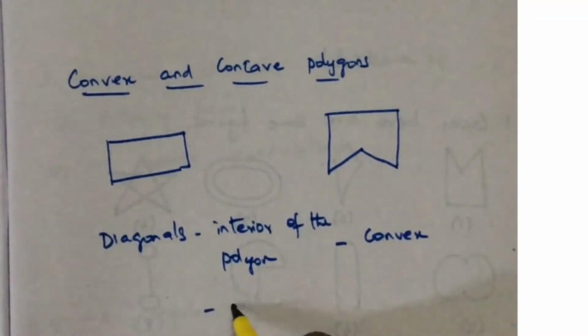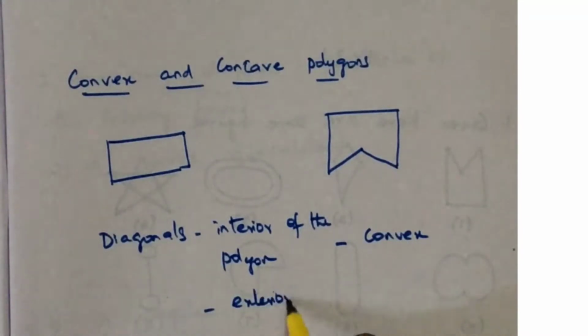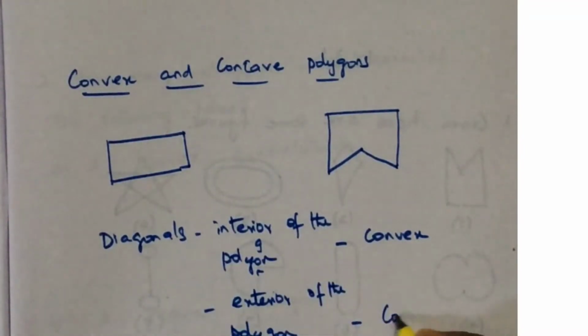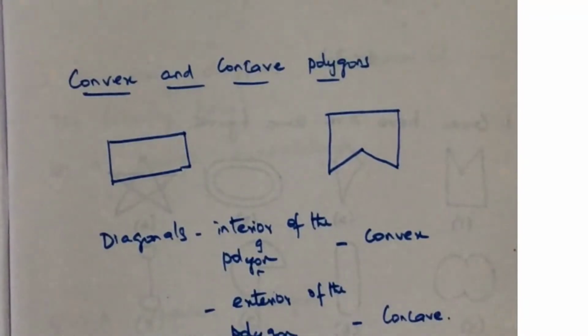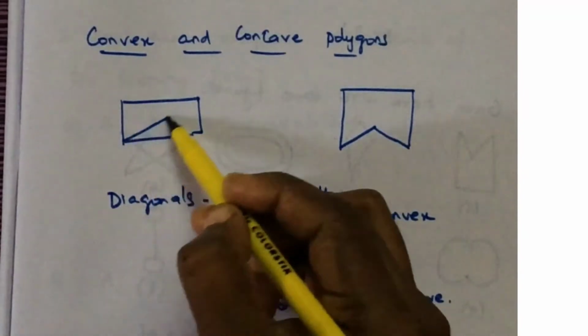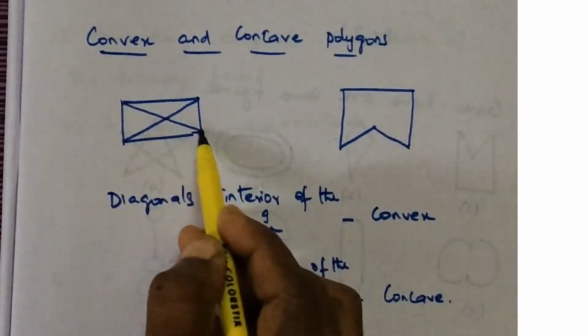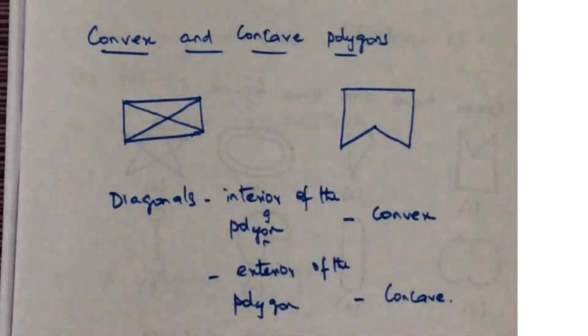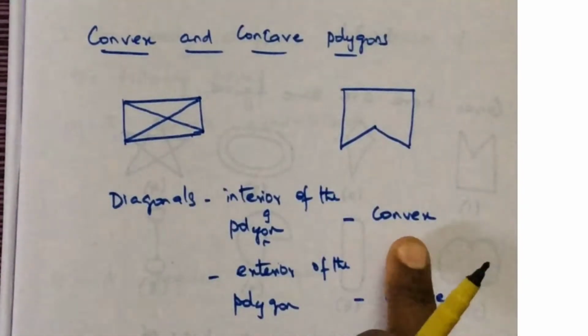Okay, if the diagonals lie in the exterior, outside of the polygon, then it is called a concave polygon. Now if you want to draw the diagonal, it will go like this, it will go like this. Okay, these two diagonals are in the interior, inside the polygon, so it is called a convex polygon.